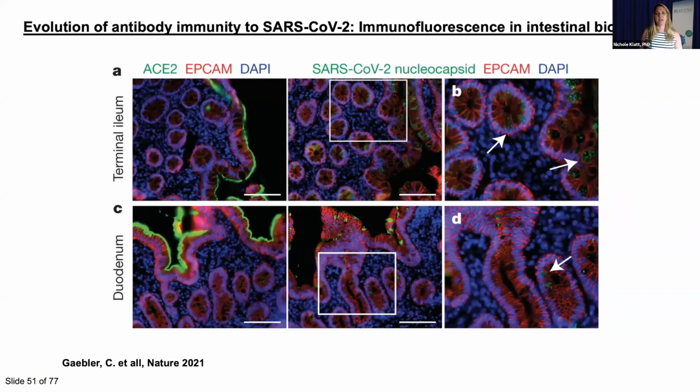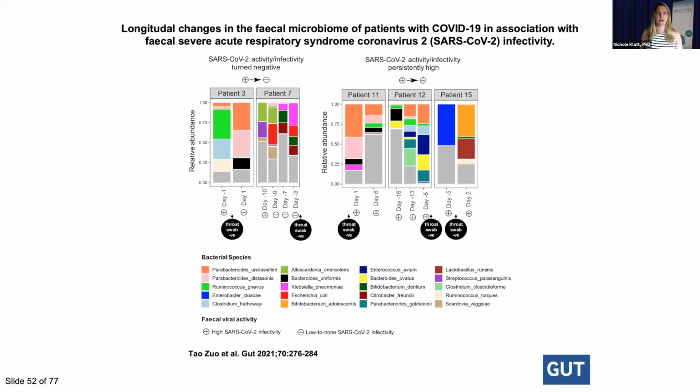There have also been a couple of studies that have shown differences in SARS-CoV-2. This shows longitudinal patients and changes to their gut microbiome with SARS-CoV-2. This is a nice summary of these longitudinal patients, but it's a very small cohort.